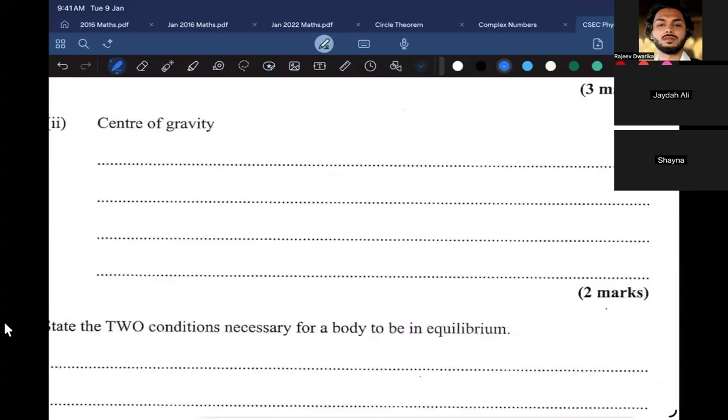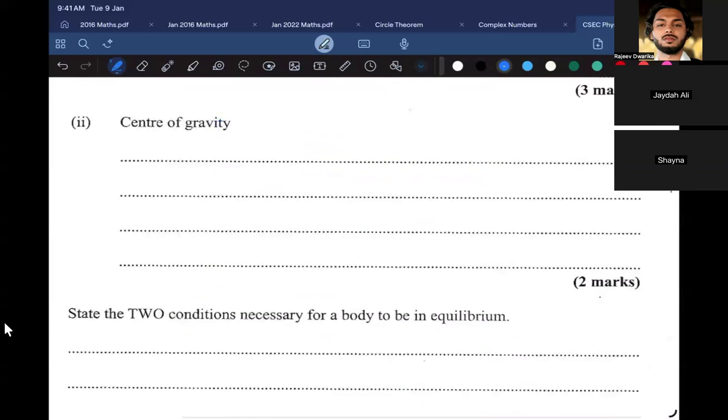You have to remember what center of gravity is. I'll give you all a hint. Imagine you held a pencil at the center. When you hold a pencil at the center, you are able to do what with the pencil?